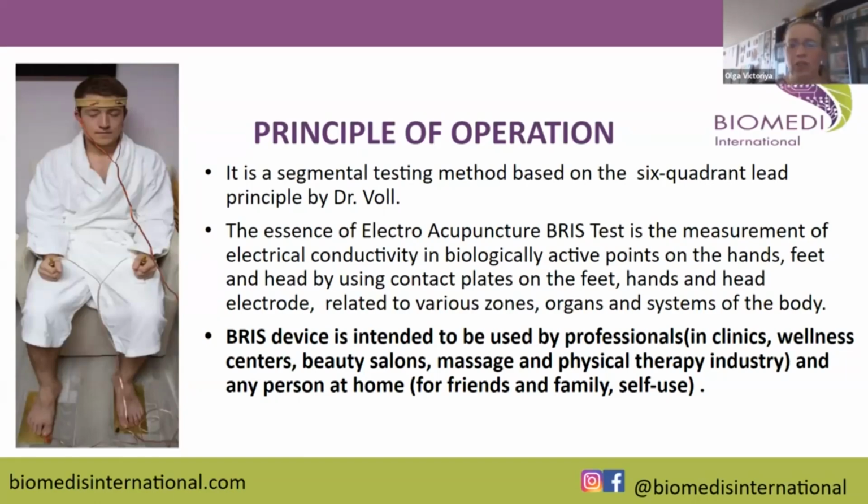The essence of the electroacupuncture BRIS test is the measurement of electrical conductivity in biologically active points of the hands, feet, and head by using contact plates on the feet, hands, and head electrodes, which are related to various zones, organs, and systems. That's the principle of operation.